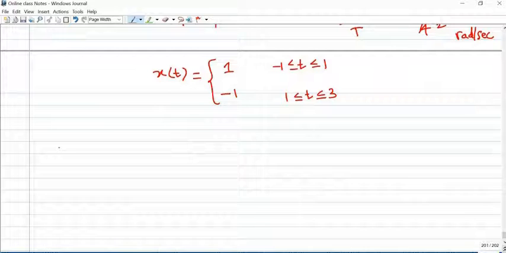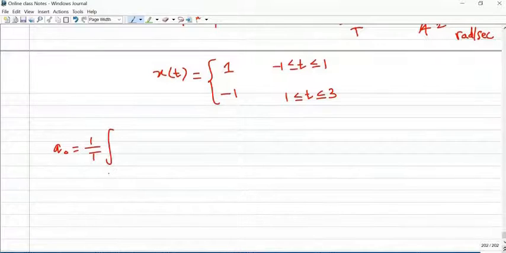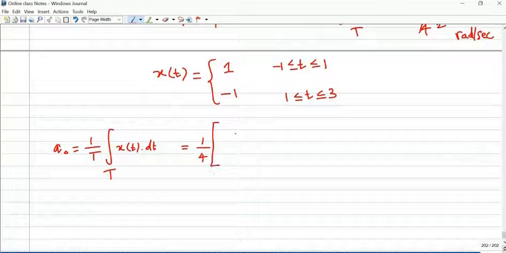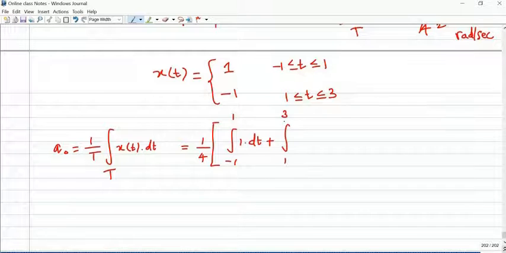The formula for a naught equals 1 by the fundamental time period, times the integral over the period of x of t dt. In this example, T equals 4. The integral from minus 1 to 1 of x of t, which is 1, dt, plus the integral from 1 to 3 of x of t, which is minus 1, dt.